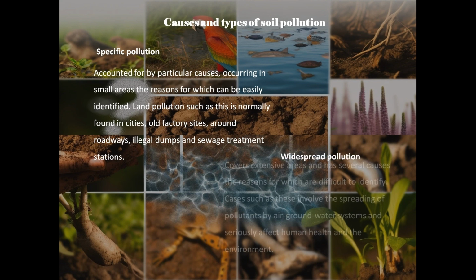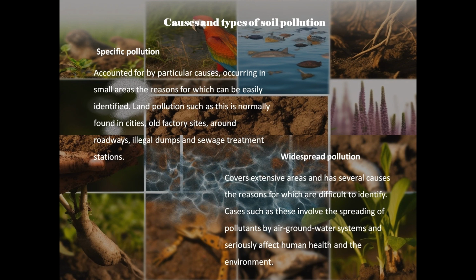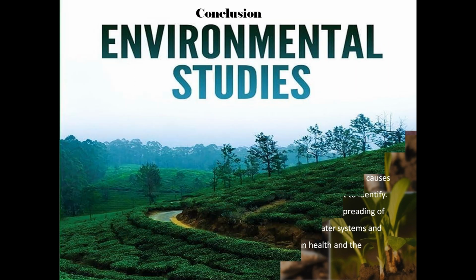Widespread pollution covers extensive areas and has several causes, the reasons for which are difficult to identify. Cases such as this involve the spreading of pollutants by air and groundwater systems and seriously affect human health and the environment.